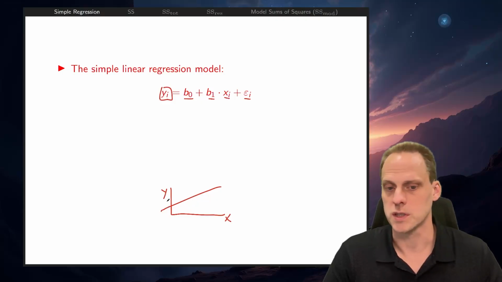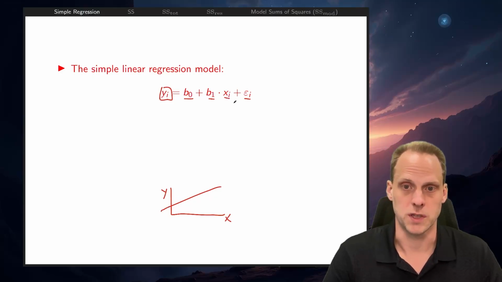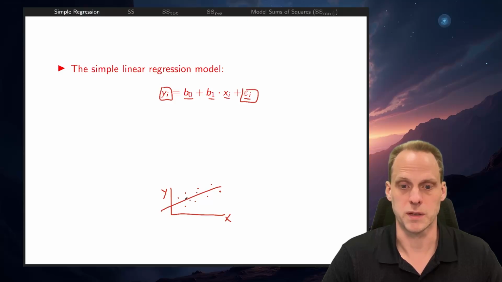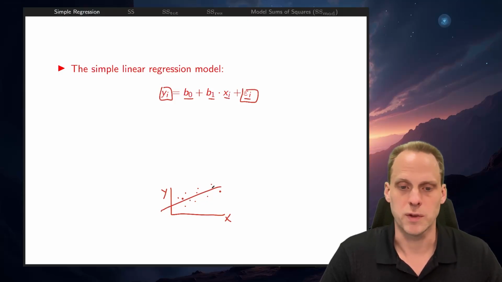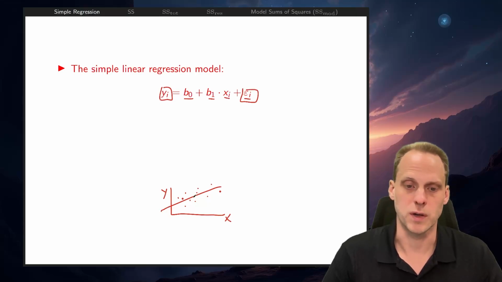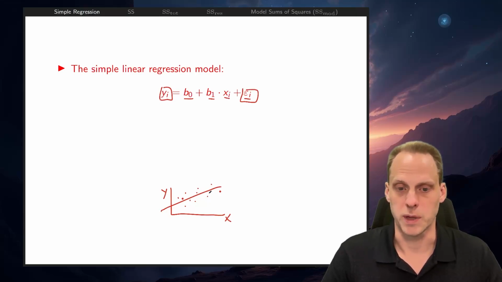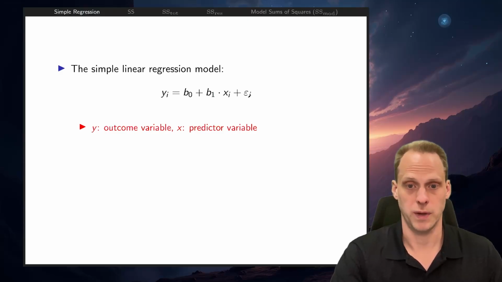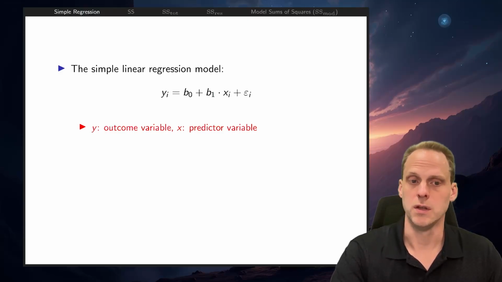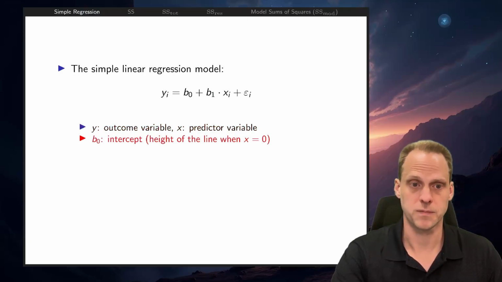And we assume this relationship is linear, but this error here means that we also assume that the points are not perfectly on the line, they're a bit around it. So your data points are not actually exactly on the line. We don't expect we can fully predict the data that well, but we expect the line will be close to all these data points.